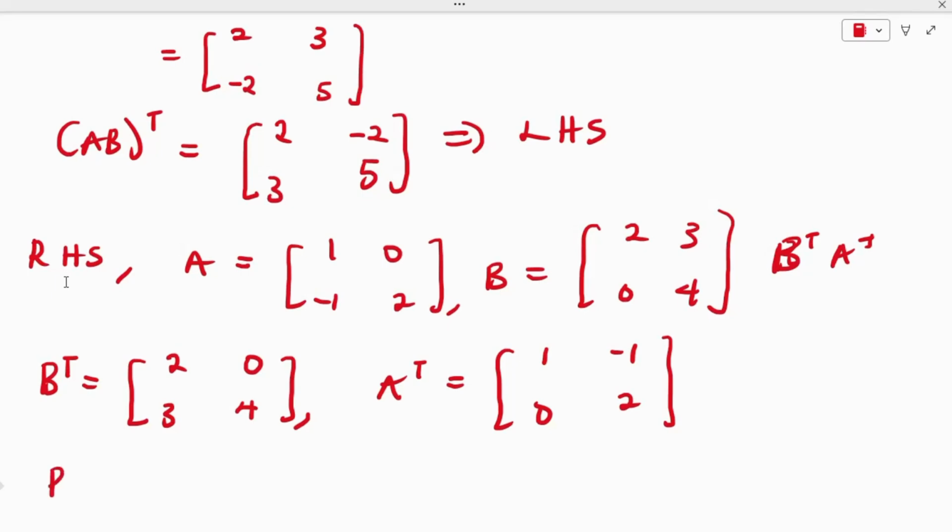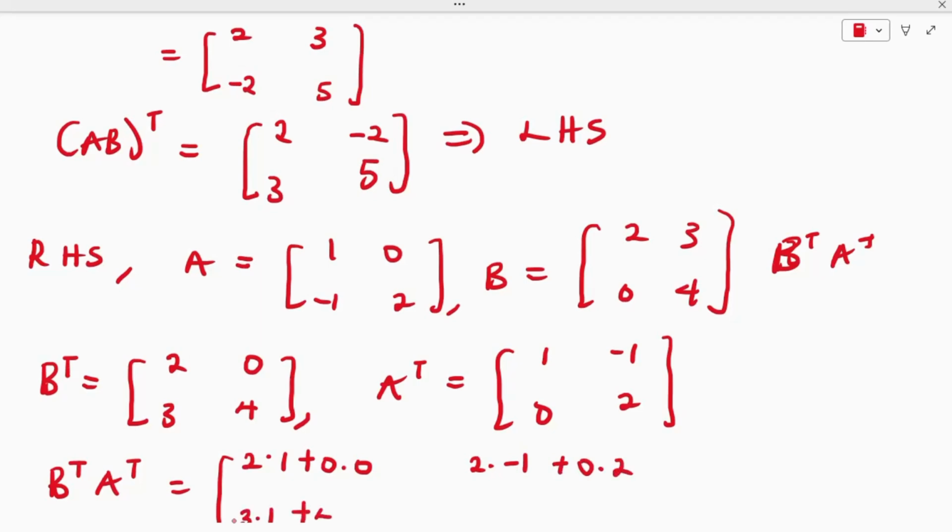So multiplying B transpose and A transpose, this is equal to 2 multiply 1 plus 0 multiply 0, 2 multiply negative 1 plus 0 multiply 2, 3 multiply 1 plus 4 multiply 0, and we have 3 multiply negative 1 plus 4 multiply 2.